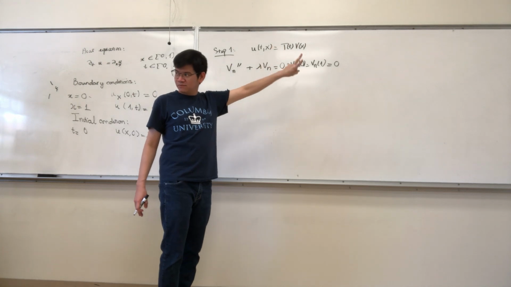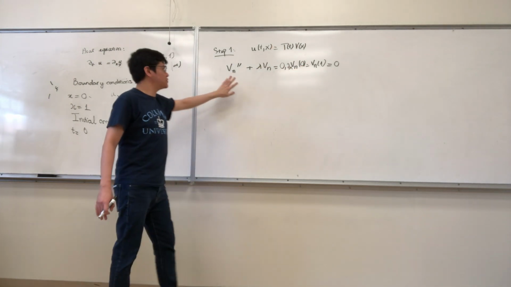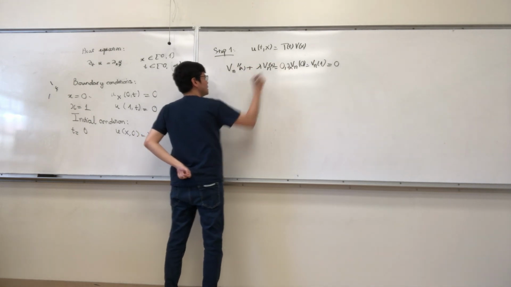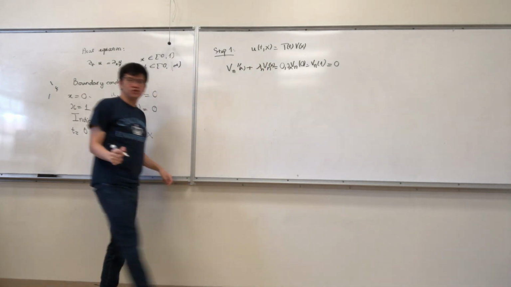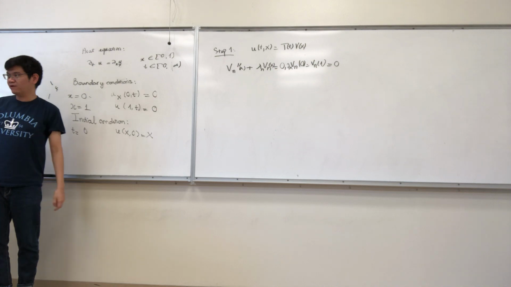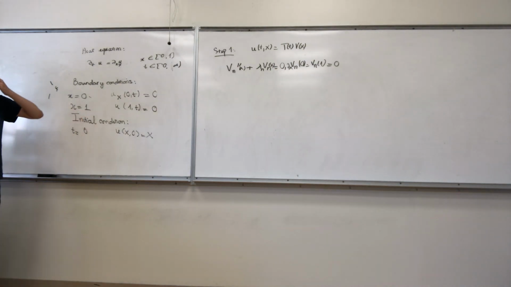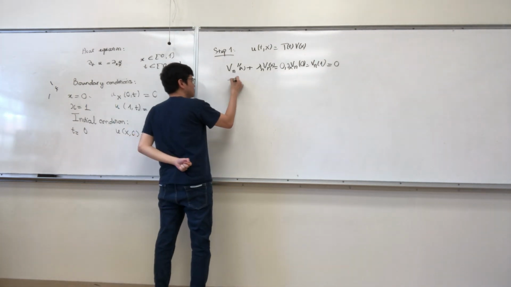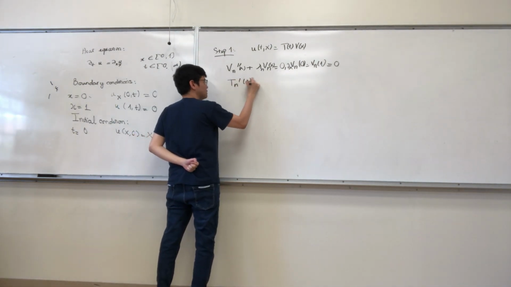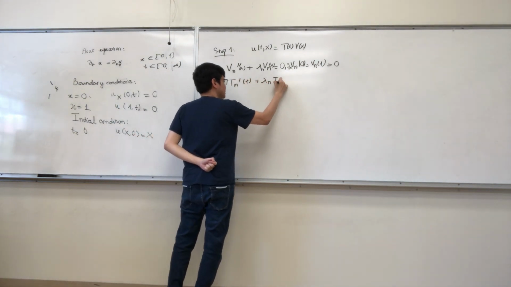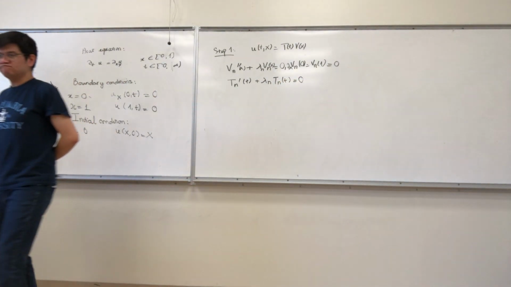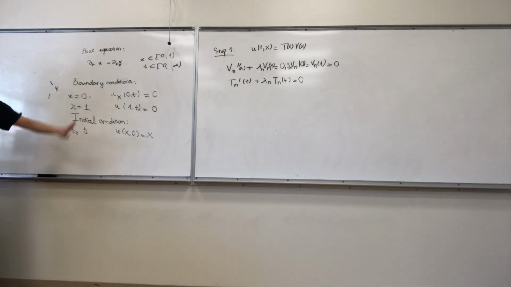All right? So when you do this splitting, you're gonna have a system of two equations. The first equation is an equation of x only, right? So this is x, and this is x, and the first equation is an eigenvalue problem. All right? And the second equation is an equation of t only, Tn prime plus lambda n Tn is equal to 0, right?